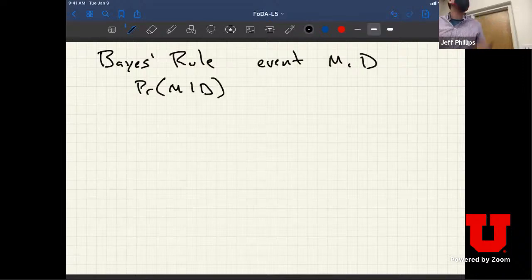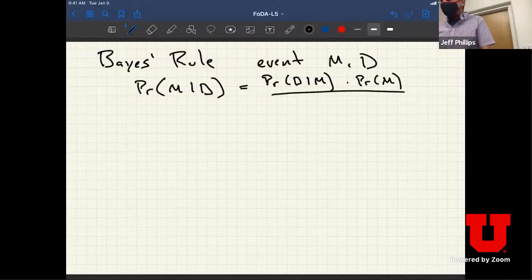So given the data we've observed, what's the probability of the model? This is equal to the probability of the data given the model, which is something we can often calculate, times the probability of the model. This is known as the prior knowledge, our guess about the model, and the probability of the data.